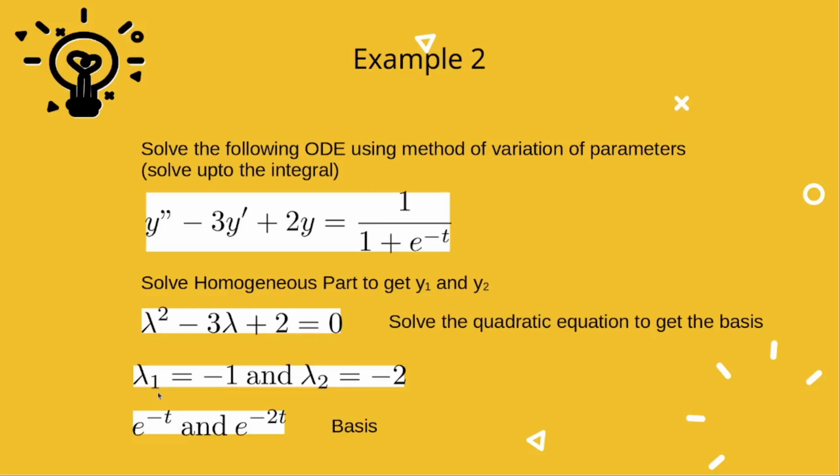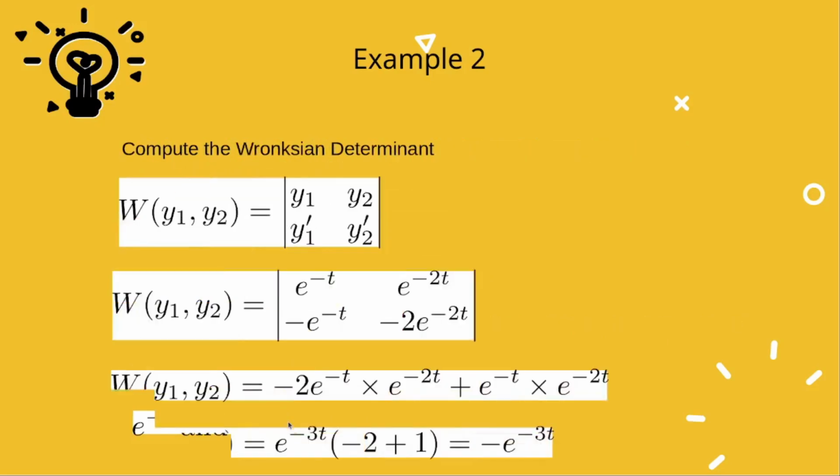And when I solve for it, the roots are lambda 1 and 2, and that gives me the basis of e to the power of minus t and e to the power of minus 2t. And this time I'm going to get the Wronskian determinant, which has y1 and y2, e to the power of minus t and e to the power of minus 2t.